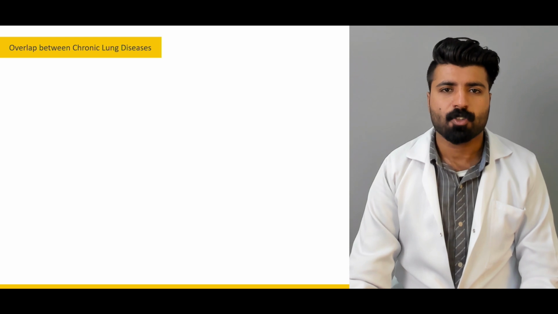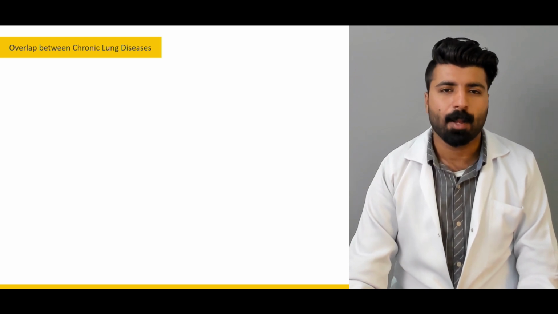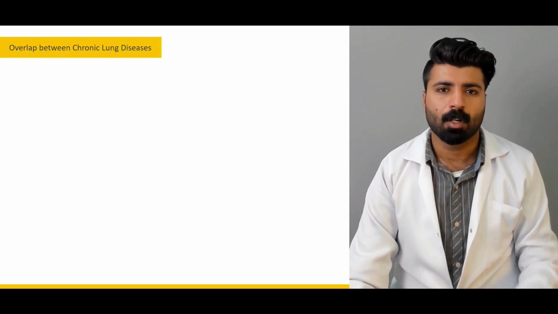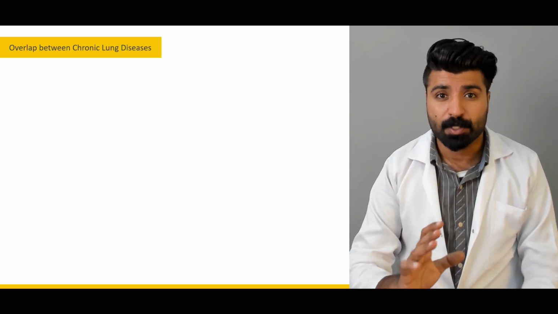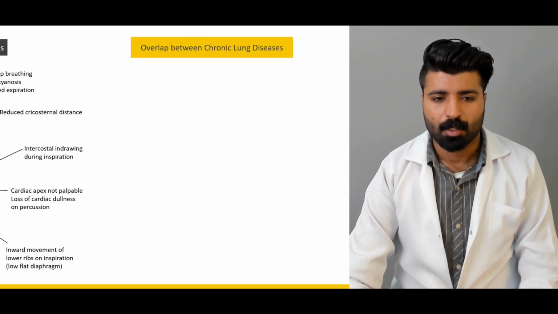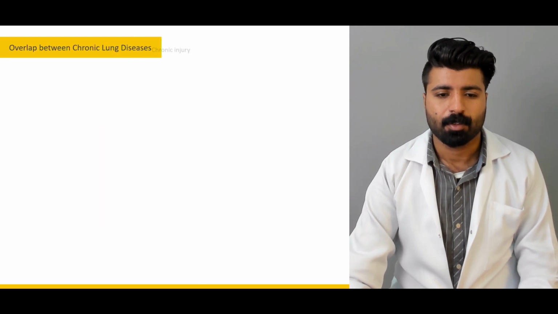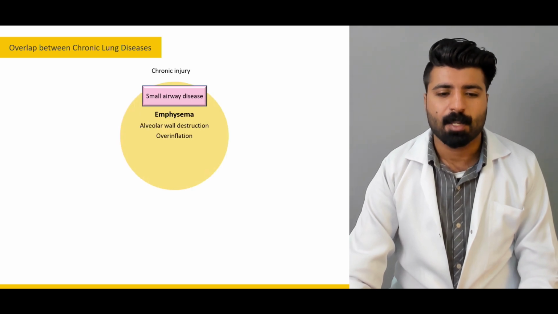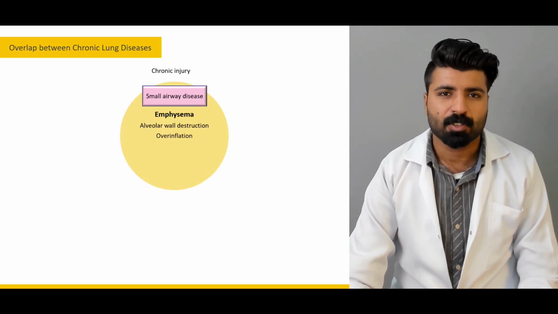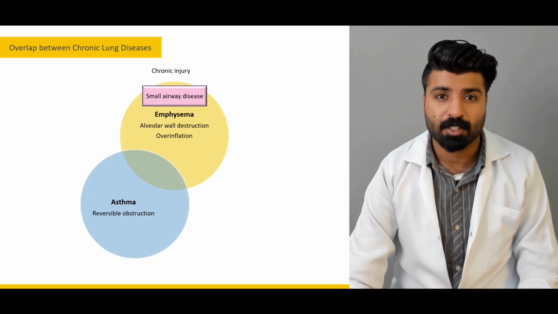Now our last topic that we were going to discuss is overlap between chronic lung diseases. We pretty much went through all of those lung diseases, so we know what the overlap between all of them is. Let's discuss. In chronic disease, small airway disease contains emphysema, in which the alveolar wall was destroyed and overinflation was happening.